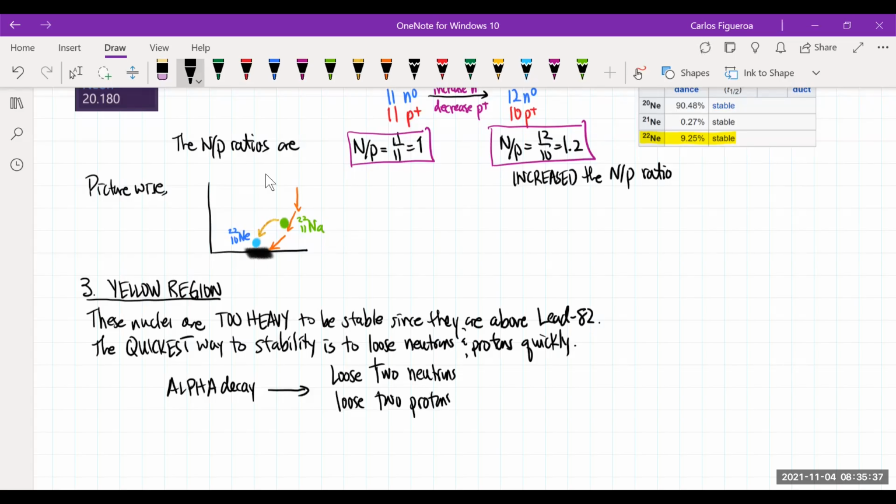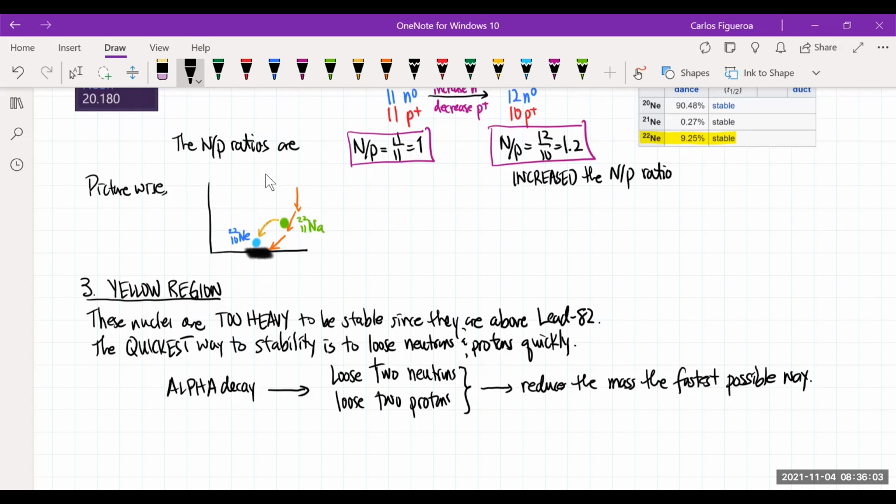So that's really quick here. And so if these guys are too heavy, this reduces the mass the fastest possible way.